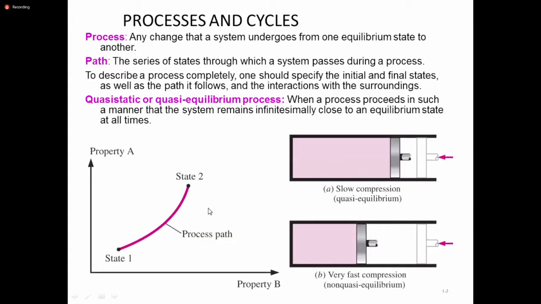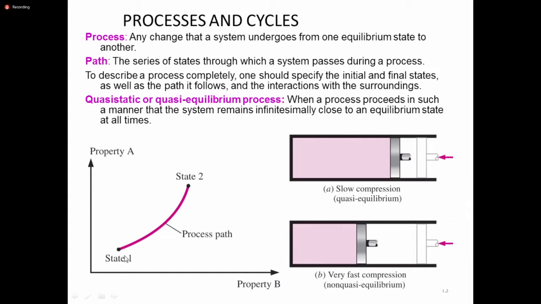Now moving toward a few more basic fundamentals associated with thermodynamics, which we generally call processes and the cycle. When you talk about processes, what exactly is a process? There are different processes, but before that, we need to understand what exactly a process is. A process is any change that a system undergoes from one equilibrium state to another.